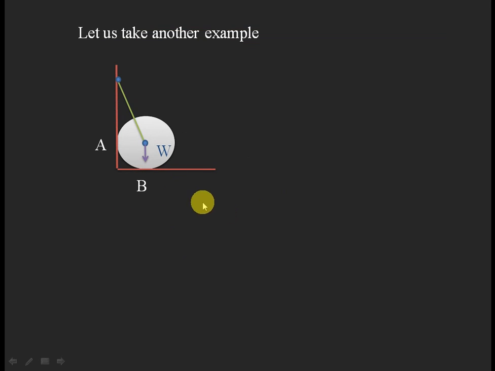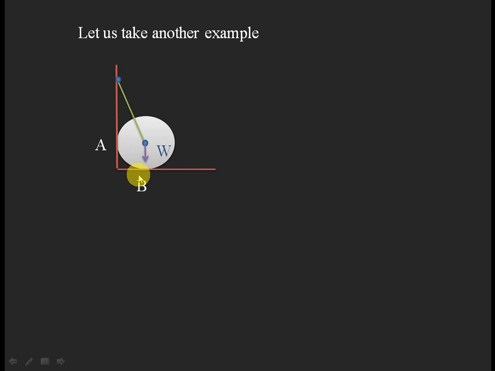This is another example, which is resting at two different points at a corner of a floor. Consider this a floor and this a wall. At the corner of the room the body is resting like this, a circular body having weight W, and it is again connected by a string. In that string also a certain tension force will be acting due to the self weight. Again we have to represent all the forces by isolating this body.